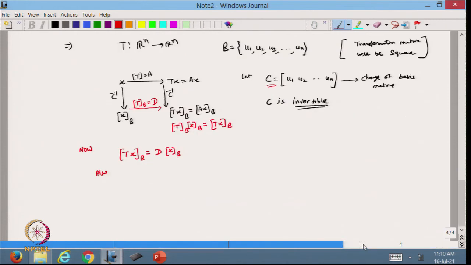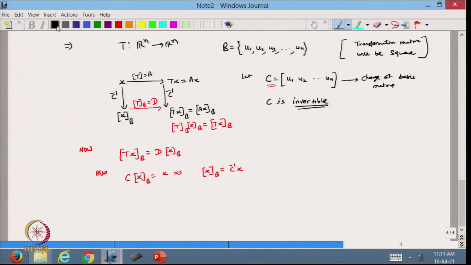So, I am using this concept here. Now, this x B I can write as C, and this is equal to x, where x is the vector corresponding to the standard basis, and from here I can write x B is C inverse x. Now, I am using this concept here.